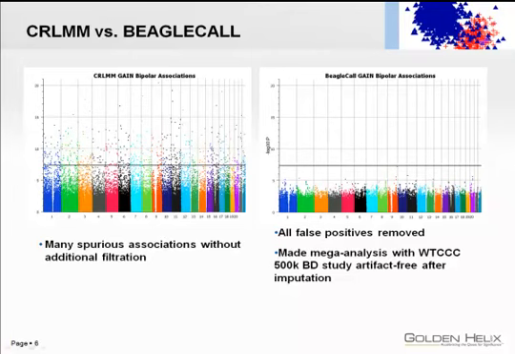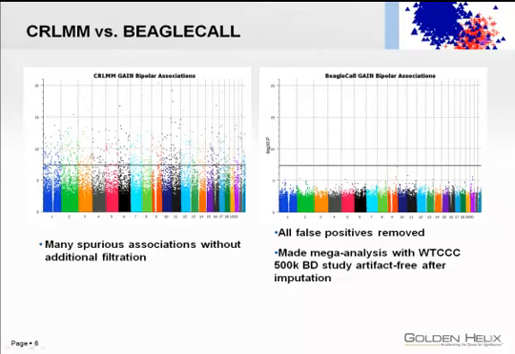The original study, after they looked at cluster plots for all of these, would have dropped them. Is it based on the visualization, graphical methodology, or is it based on the test, how you filtered out this spurious? So the filtering that does occur in BEAGLECALL doesn't look at the phenotype. It just does a check: if the Hardy-Weinberg p-value is less than 10 to the minus 6, it discards it.